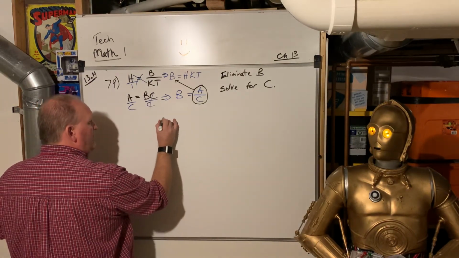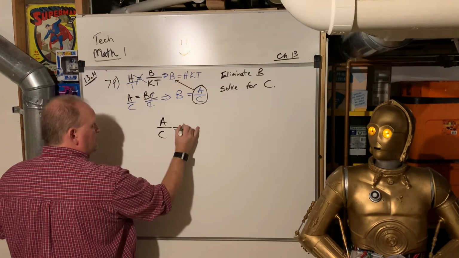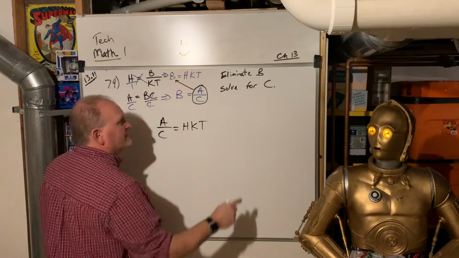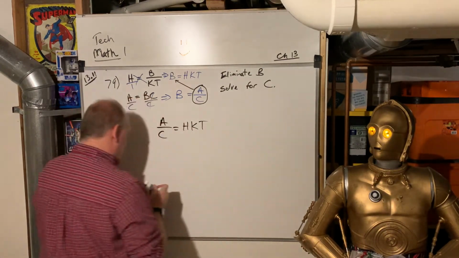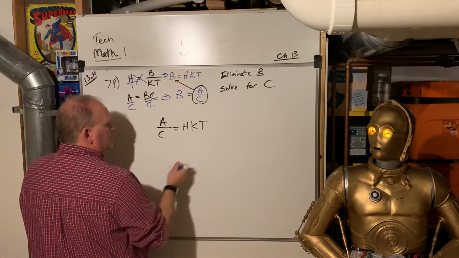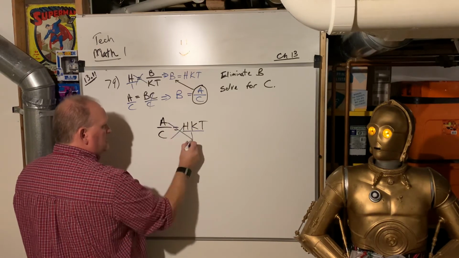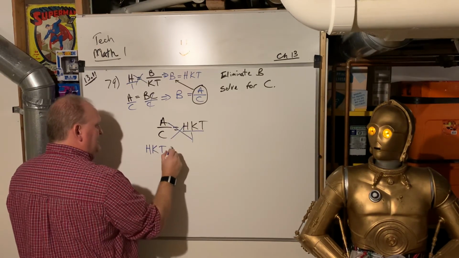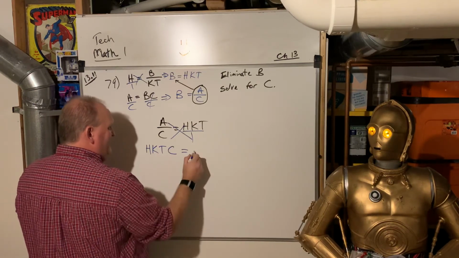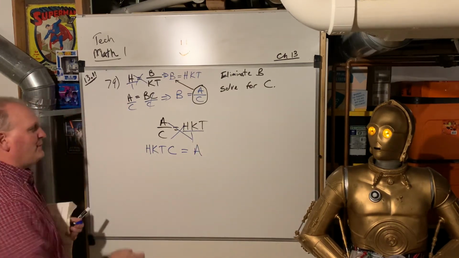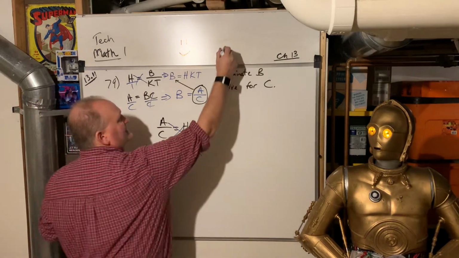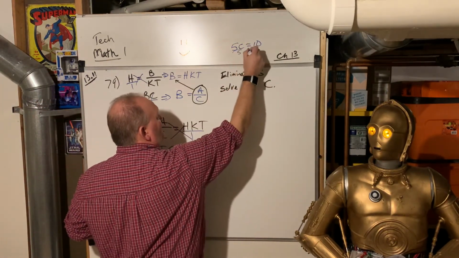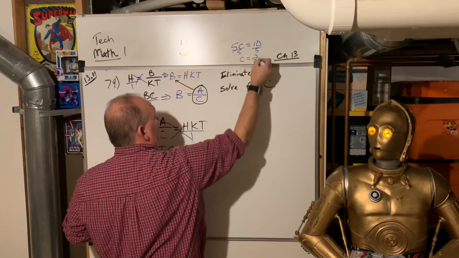So here we are. We have A over C is equal to HKT. Lots of letters. And now they want me to solve for C. So this is what we're going to do. We're going to cross multiply and solve. So we have HKTC equals A. And if it were 5C equals 10, something like this, a lot easier with numbers, you would just divide both sides by 5, and then you'd have C is equal to 2.